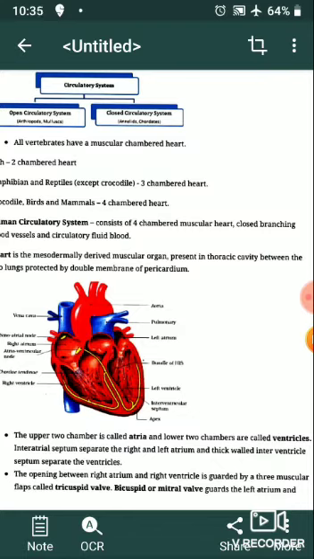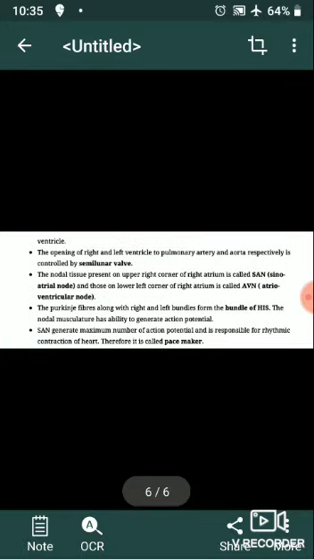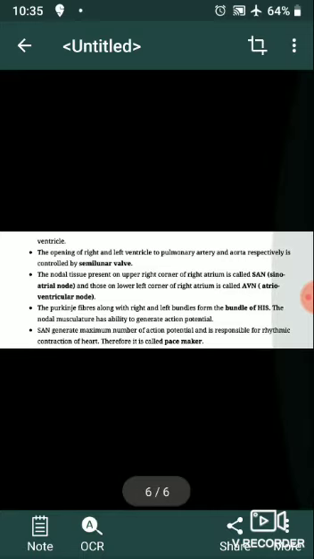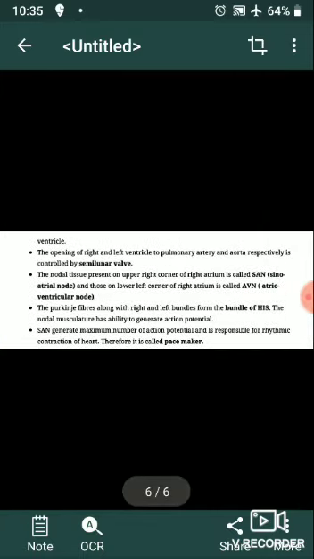The opening between the right atrium and right ventricle is guarded by three muscular flaps called the tricuspid valve, and the bicuspid valve guards the left atrium and ventricle opening. The openings of the right and left ventricles into the pulmonary artery and aorta respectively are controlled by semilunar valves.